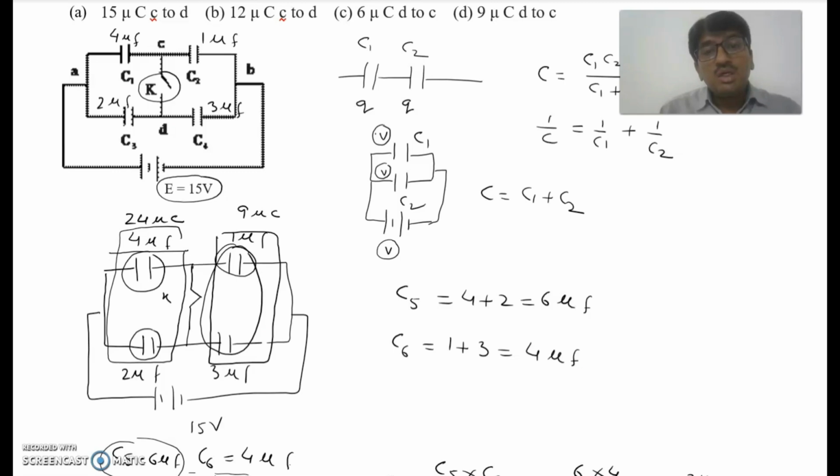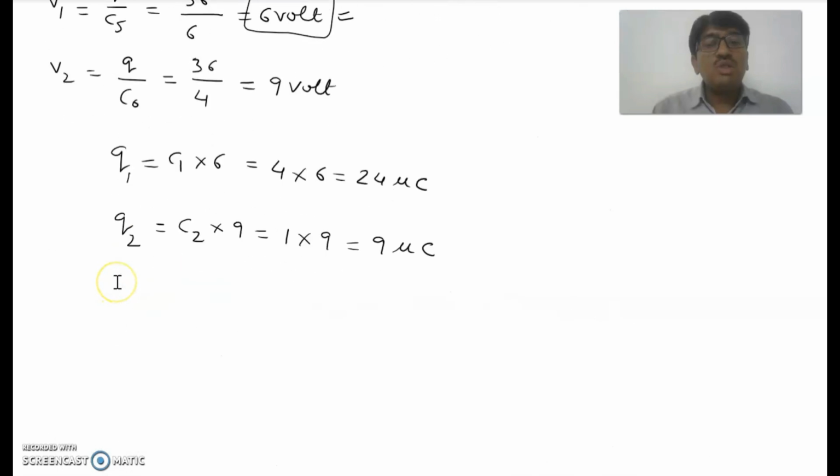It means the remaining charge is moving in this direction, and this is C and this is D. The remaining charge, 24 minus 9, is moving from C to D. The charge moving from C to D is Q1 minus Q2, 24 minus 9, which is 15 microcoulomb.